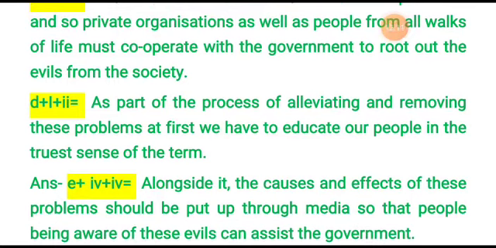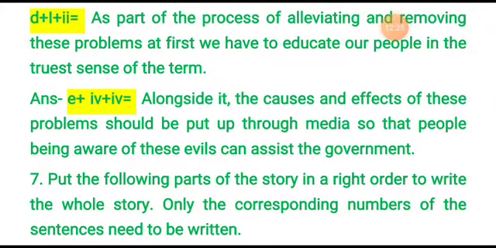As part of the process of alleviating and removing these problems, at first we have to educate our people in the truest sense of the term. E plus 4 plus 4. Alongside it, the causes and effects of these problems should be put up through media so that people being aware of these evils can assist the government.